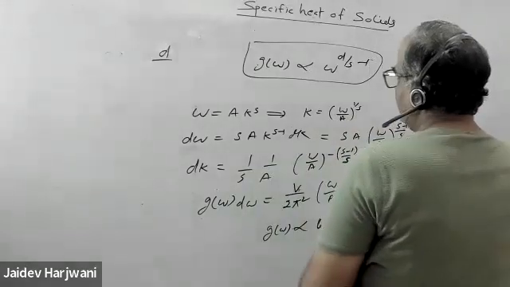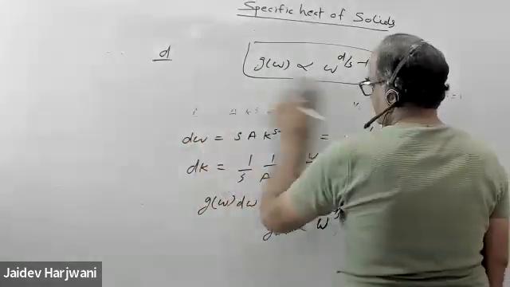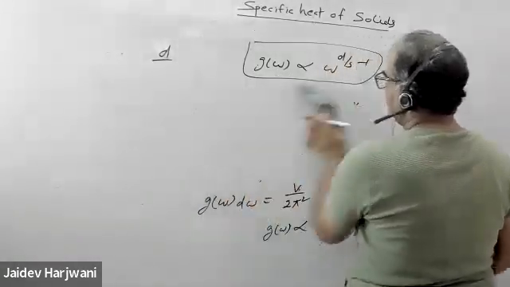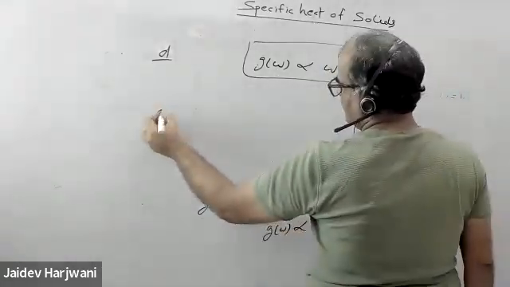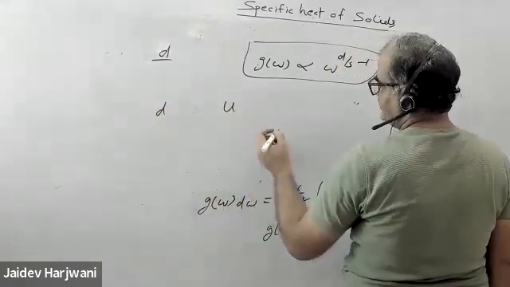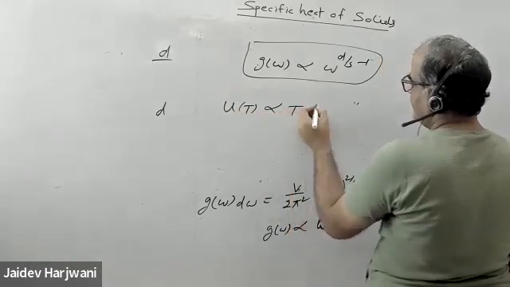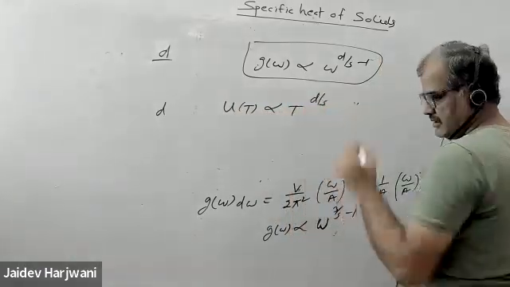And similarly, now that I know g omega, by knowing the relation for energy, for d space I can simply write my total energy at temperature T is proportional to T power d by s. What should I write?